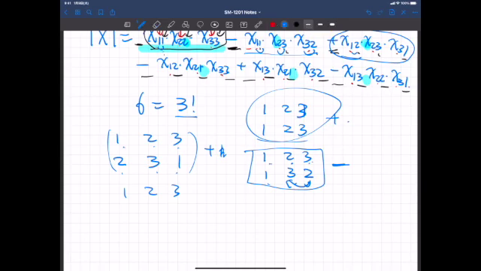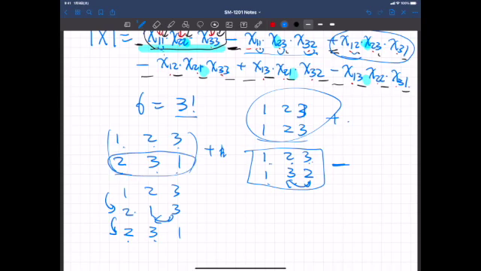Then we get 2, 1, 3. So one step, and then, leaving 2 alone, we swap 1 and 3 to get 2, 3, 1. So in 2 steps, after 2 swaps, we get the desired permutation.